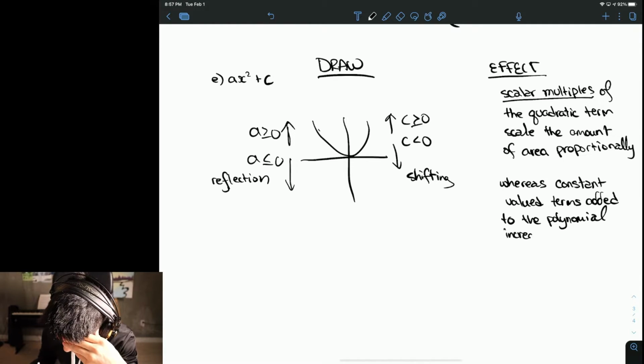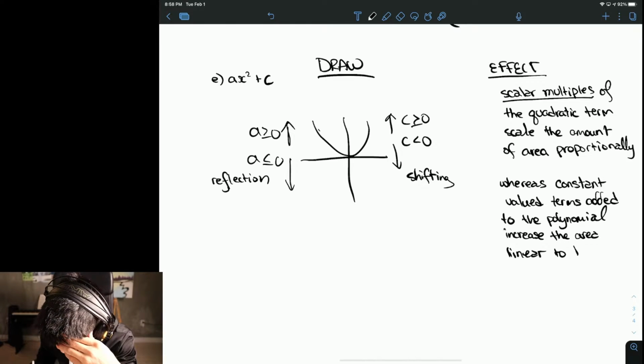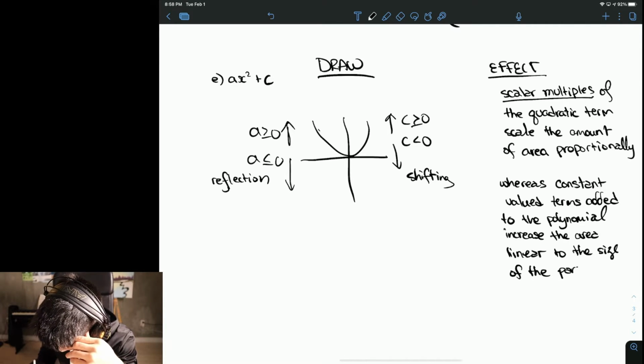increase the area linearly to the size of the parabola segment.